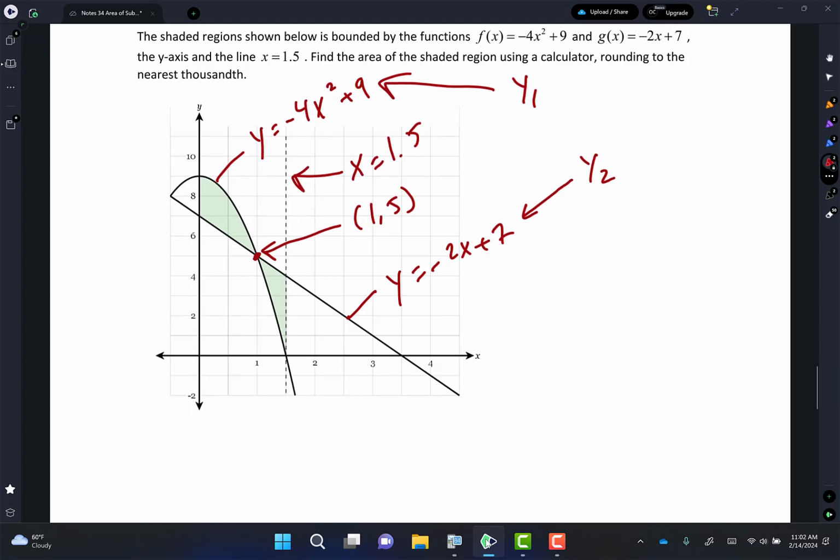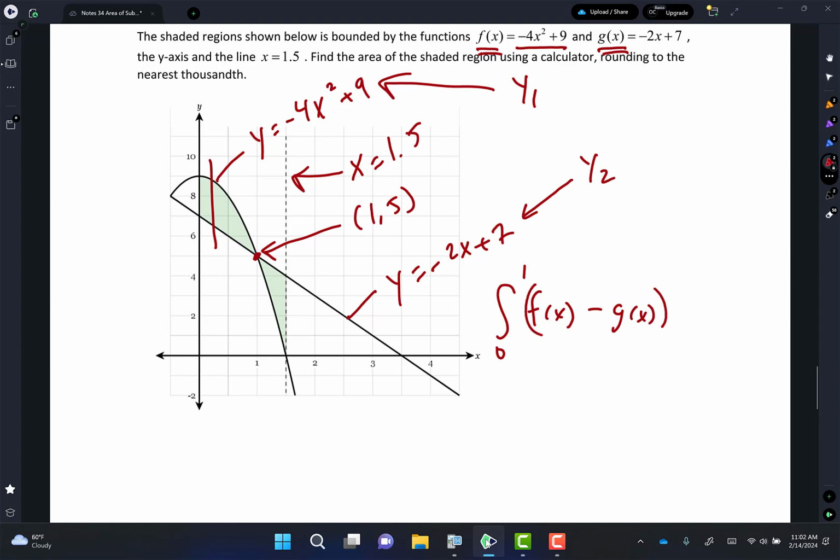So here we go. Integral. Between 0 and 1, what curve's on top? And notice, they give it a name, f of x. So I'm going to say f of x minus what curve's on bottom? G of x.